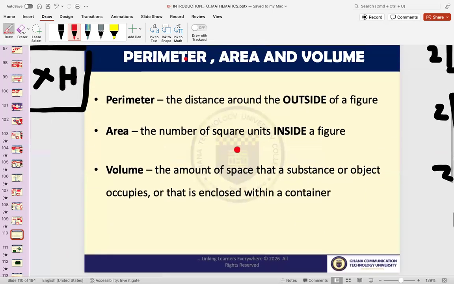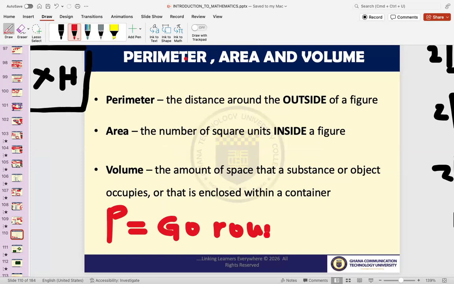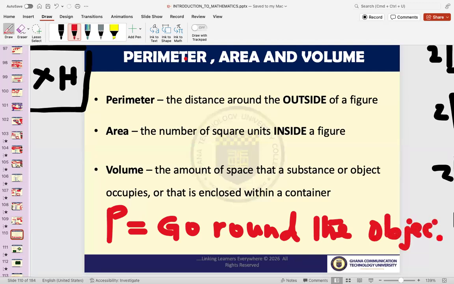Anytime you want perimeter, it means go around the object and then add up the measurement you are seeing. You are just going around. So go around the object and add. If you want to find area, very simple.